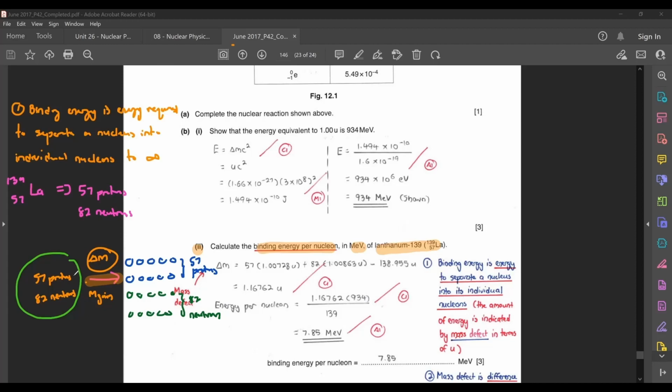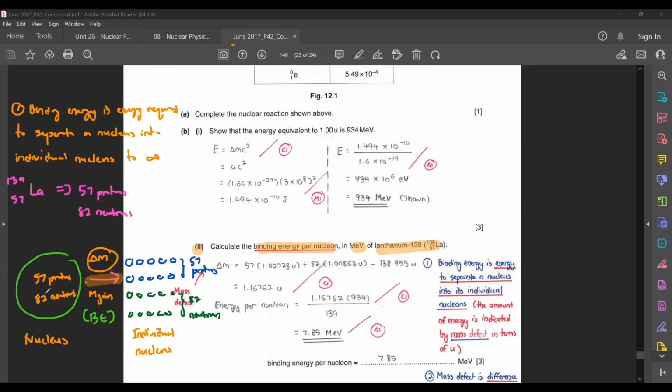So the energy that you use to separate your nucleus into the individual nucleons is actually your binding energy. Going from left to right is actually your BE. So whatever energy you supply to separate your nucleus into your individual nucleons is actually your binding energy.